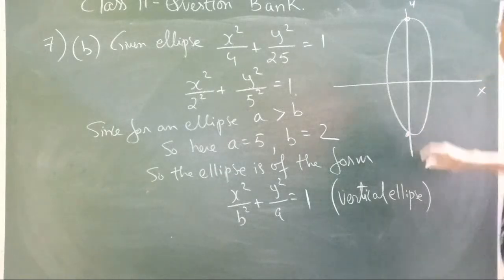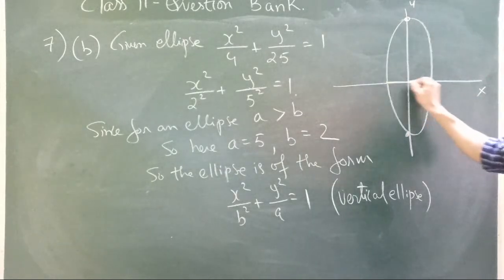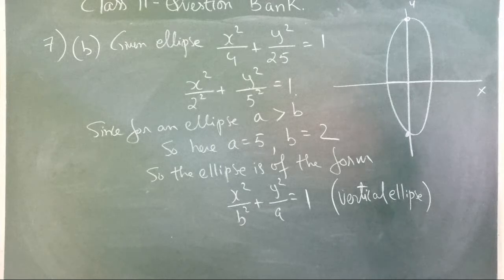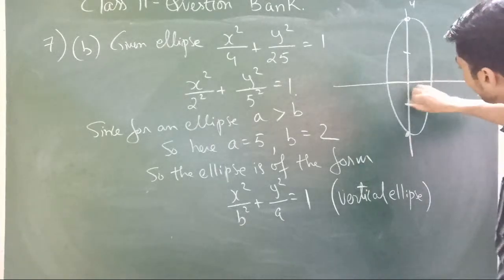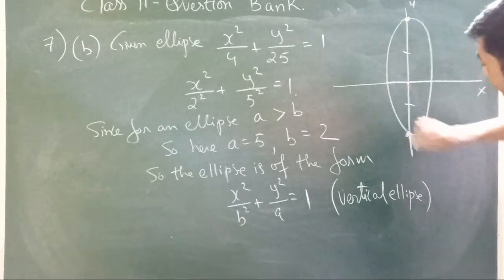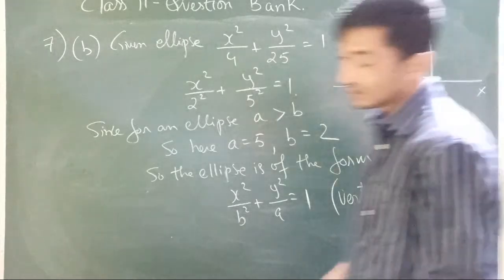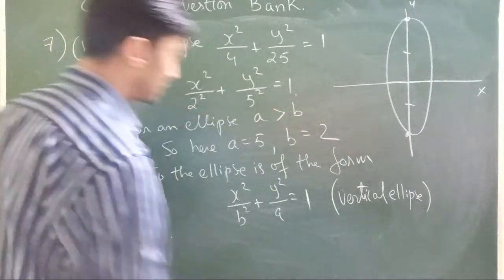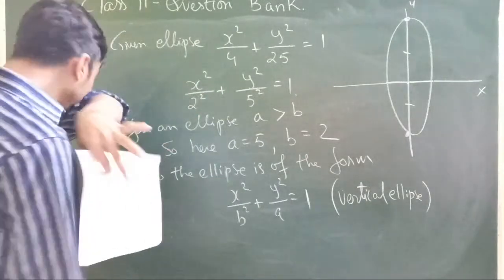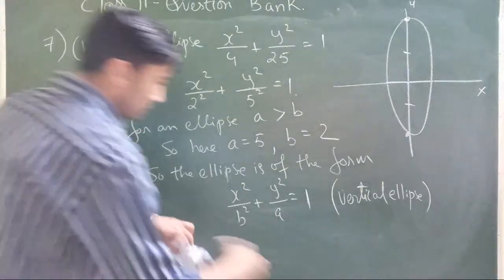So its major axis will be given by the y-axis, minor axis will be given by the x-axis. Its foci will lie on the y-axis, vertices will also lie on the y-axis. Why? Because this represents a vertical ellipse. Alright, is this done?